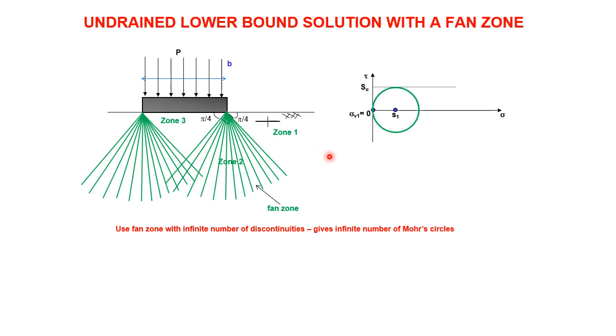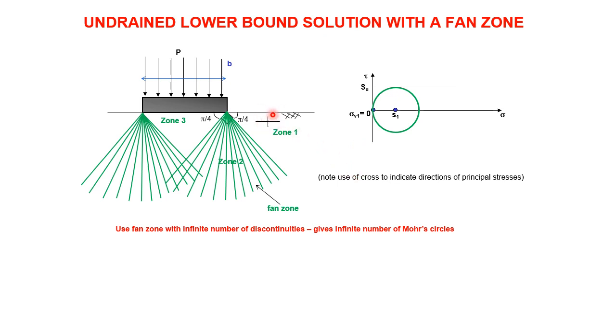We start like before. In zone 1, we know the vertical stress must be the minor principal stress and we'll have 0 stress. Like the 1 discontinuity example and the 3, we can maximize these stresses in zone 1. We couldn't do it for 2 discontinuities, but here we can. So we will have a Mohr circle that just touches failure, and so the horizontal stress in zone 1 will be 2SU.